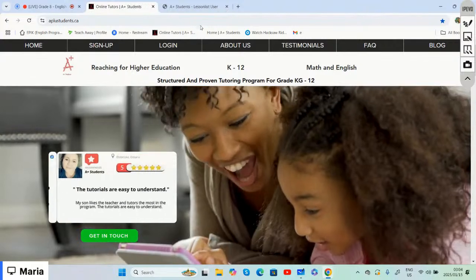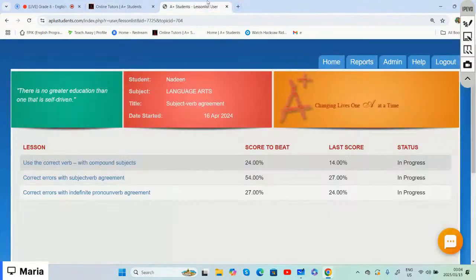And then we're going to scroll down until we get to our chapter of subject-verb agreement.